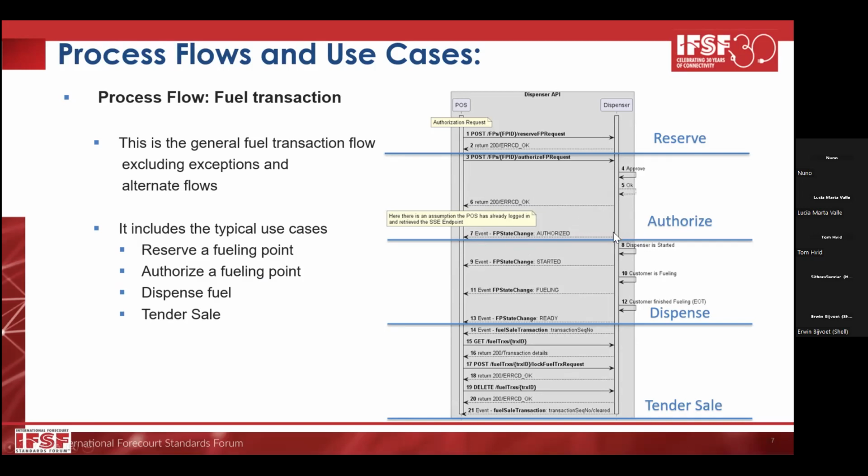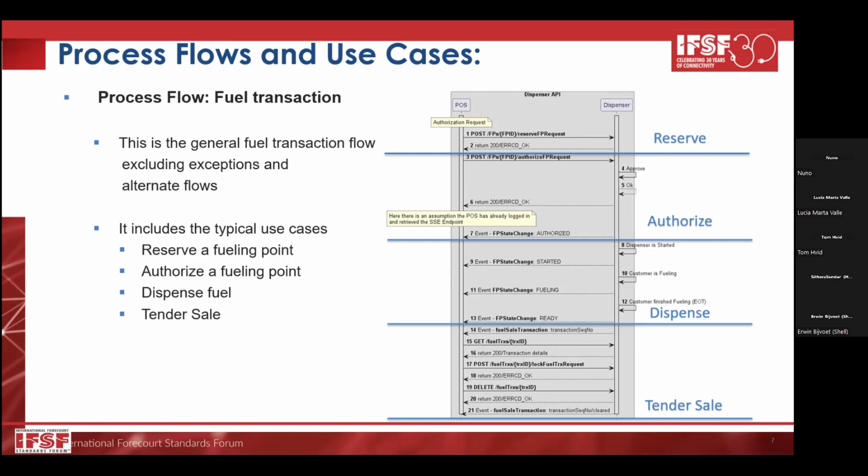And we will receive an event that would be a fueling state change that the fueling position is authorized. After this comes the dispense process, where the dispenser is running by itself.